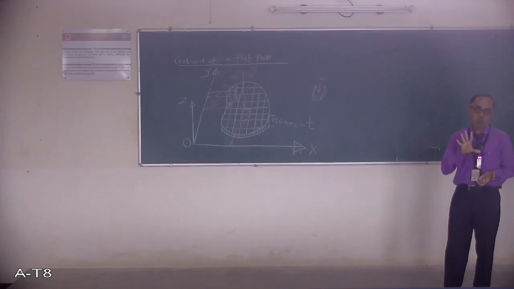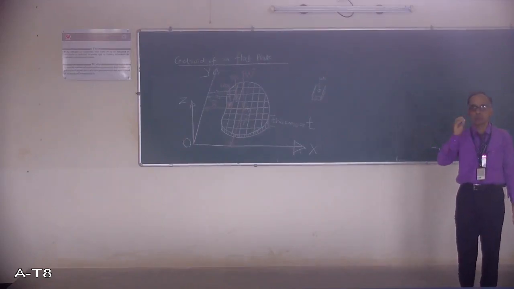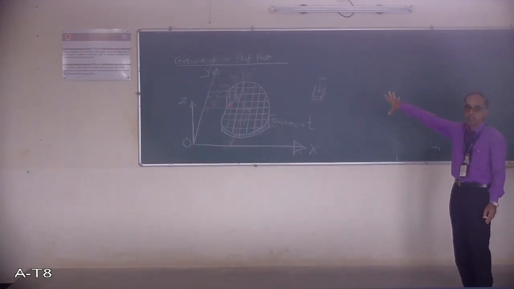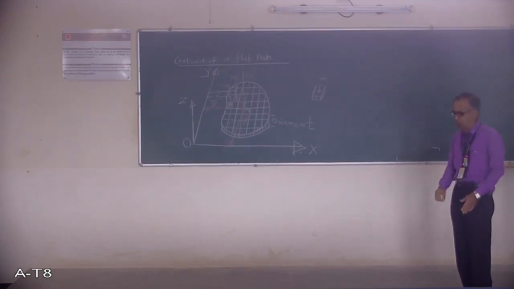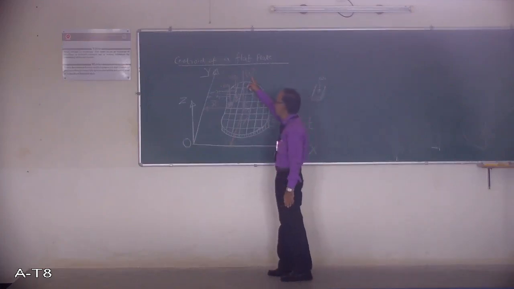So now total weight is W. Now if I add small W1, W2, W3, and so on, that is equal to total weight W. Now applying Varignon's theorem, I take moment of this weight about the y-axis. This is the force, perpendicular distance is x bar.